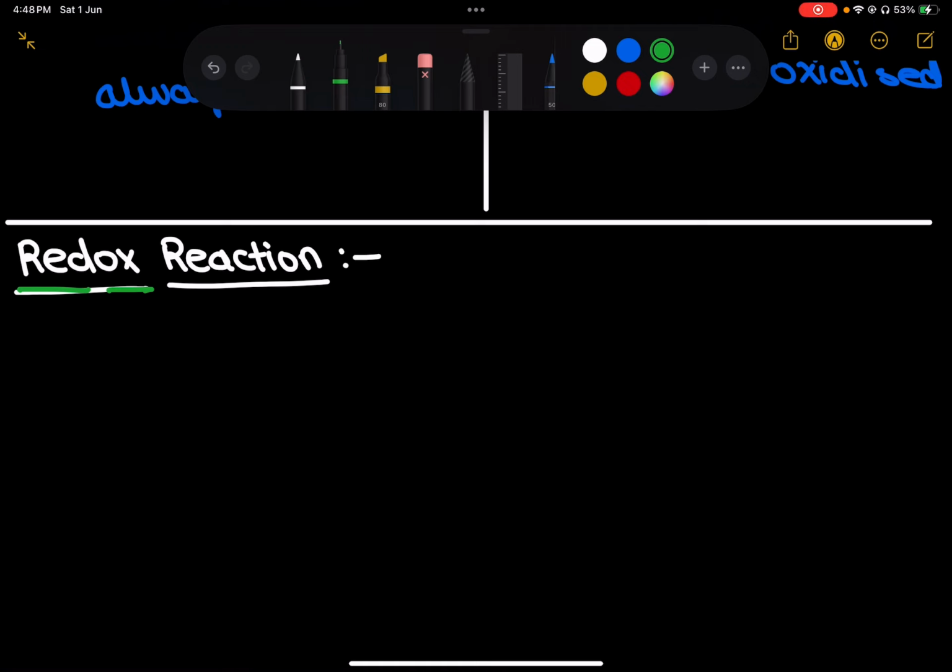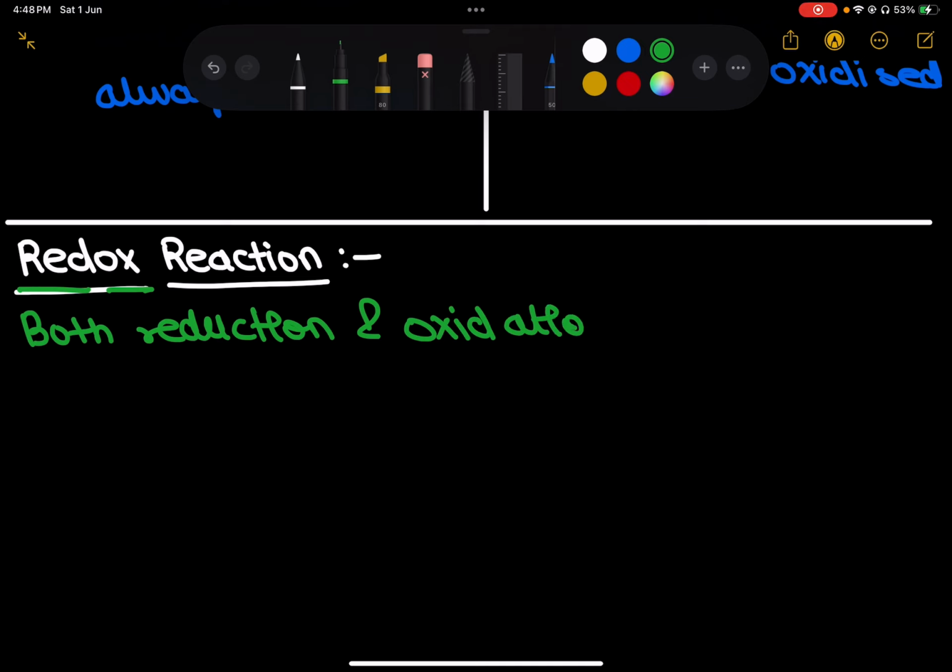So a reaction in which both reduction and oxidation take place is known as a redox reaction. Simple. Okay.